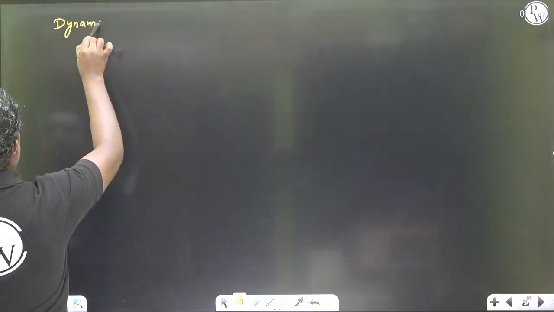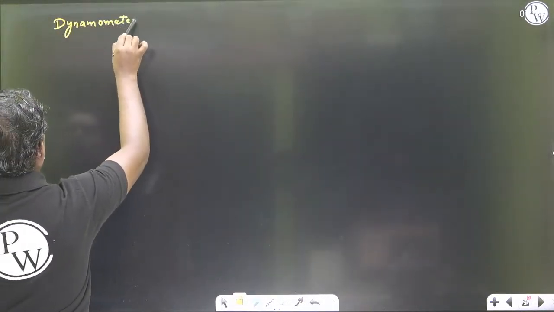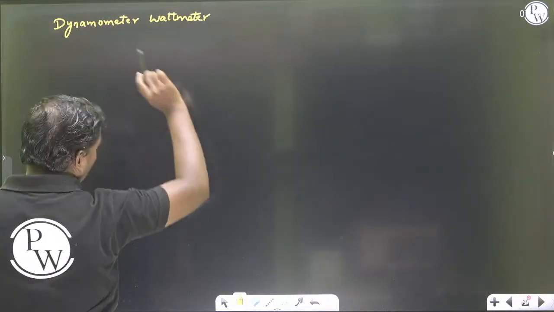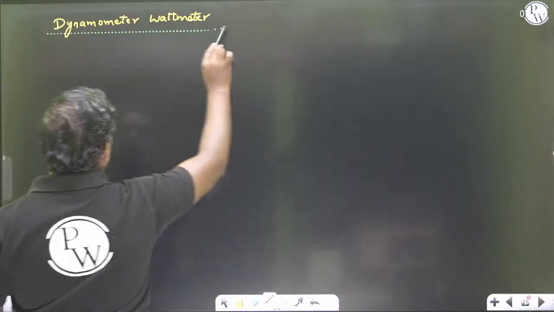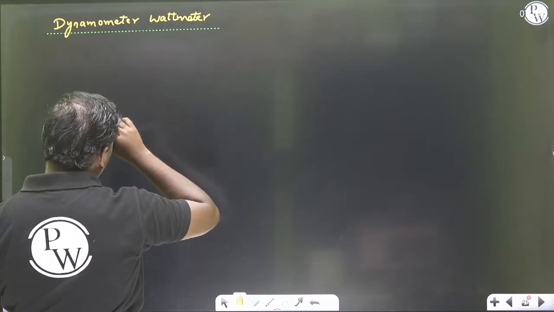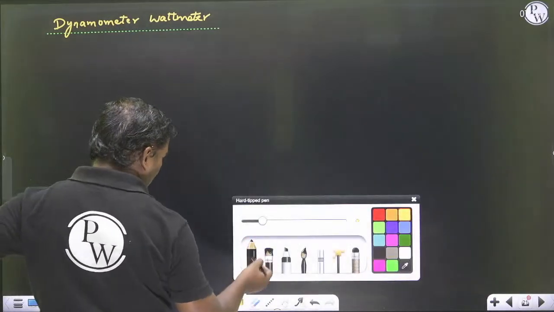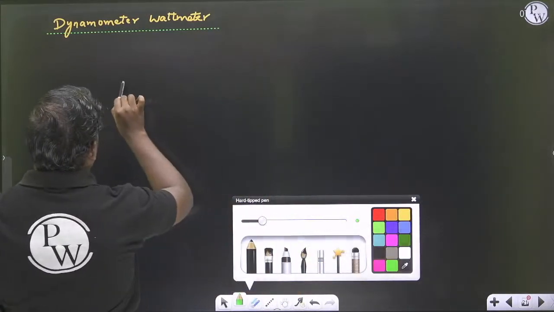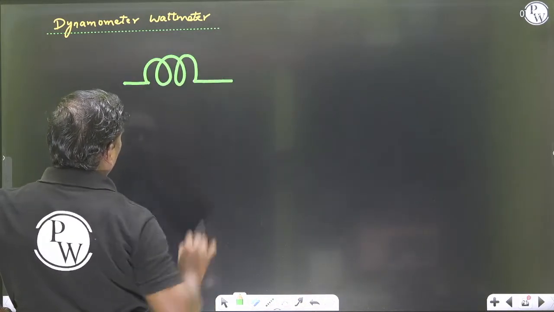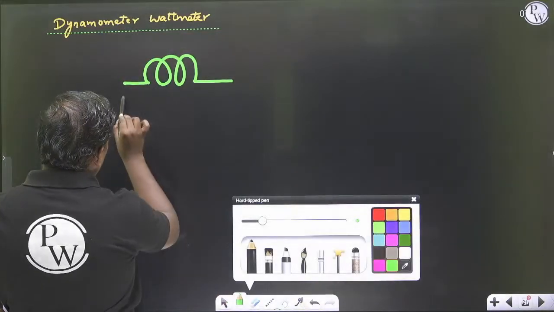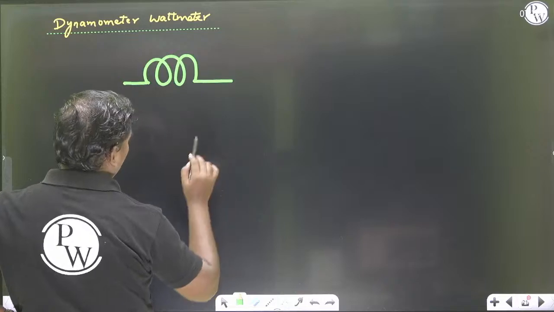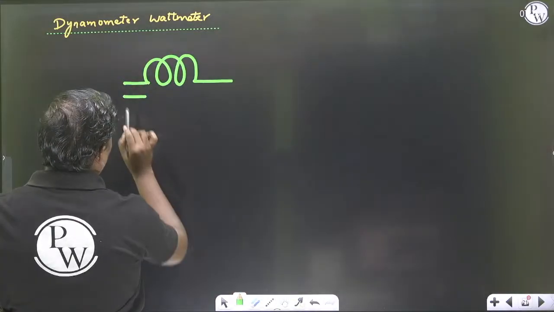If you see the dynamometer wattmeter, the fixed coil is basically thick. This is the fixed coil. This is a shorter length.